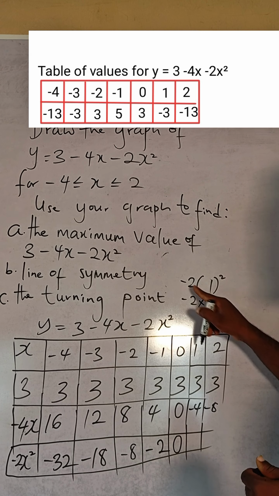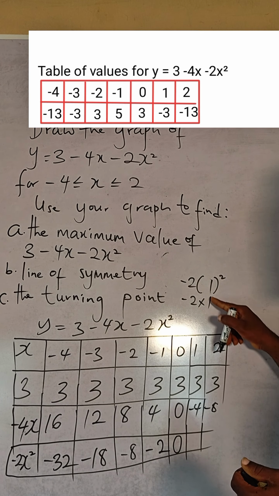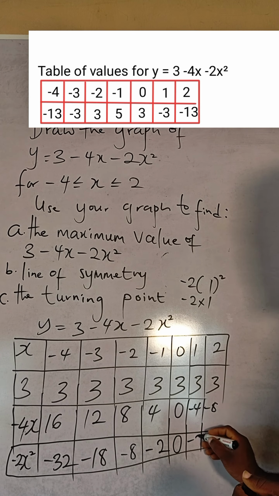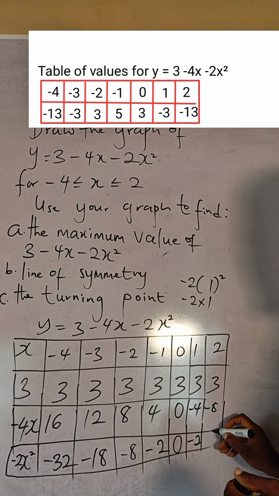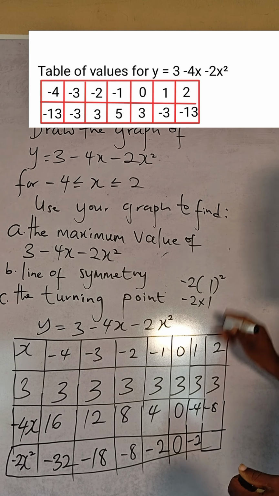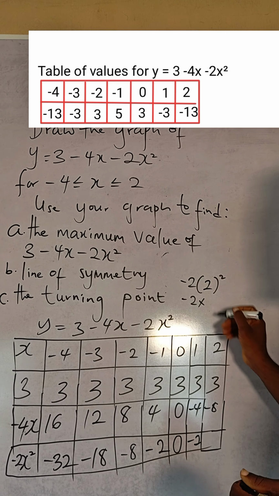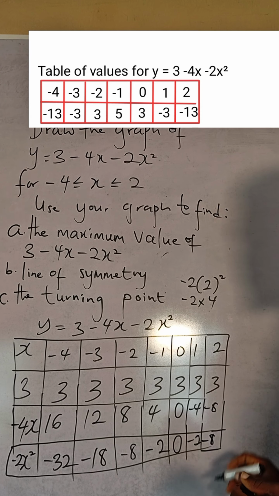So -2 times 1 to the power of 2, which is 1. 1 times -2 is -2. The next value of x here is 2, that is a positive 2. 2 to the power of 2 is 4. 4 times -2 is -8.